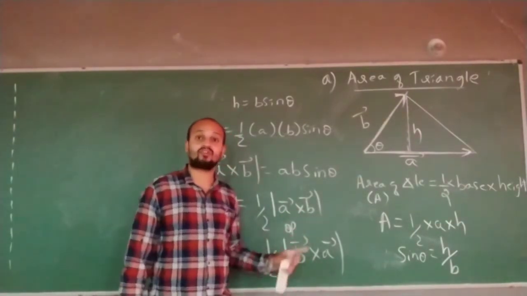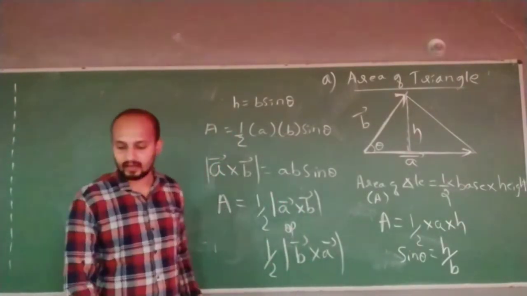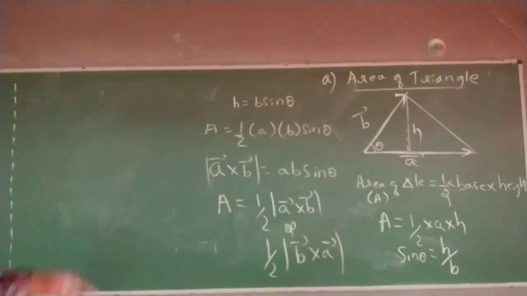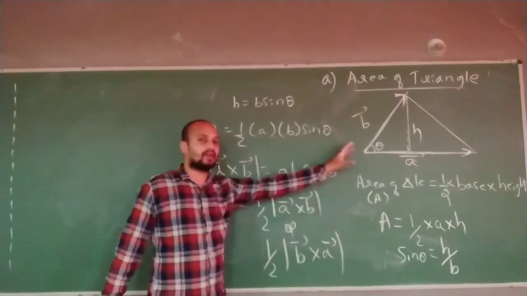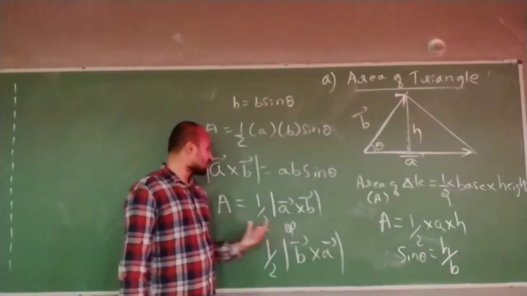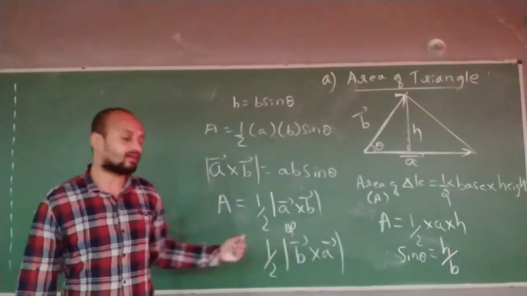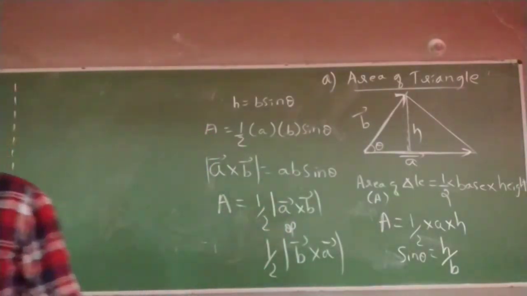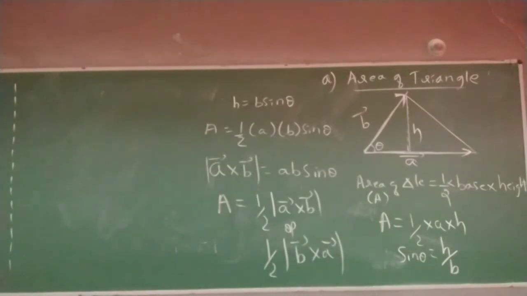That is why A cross B is equal to minus B cross A. Got it now? If two sides are vectors, this will give you the magnitude of A cross B. Half of that will give you the area of the triangle.